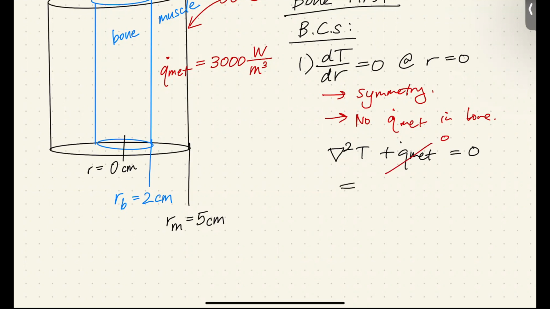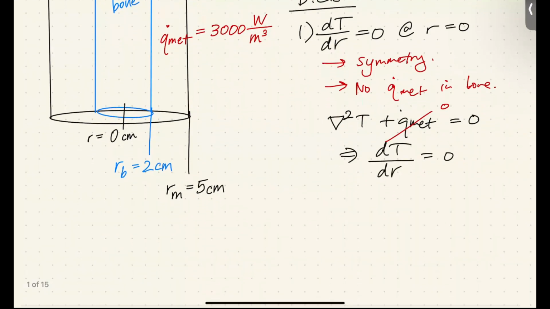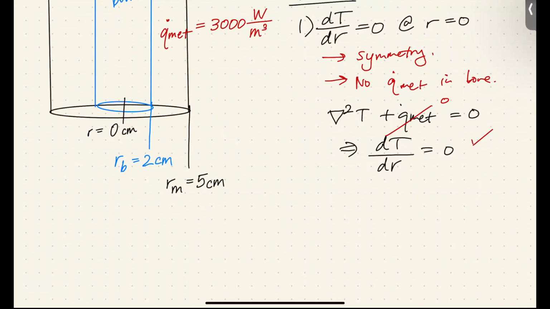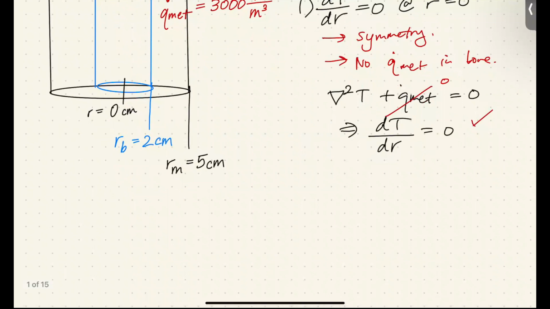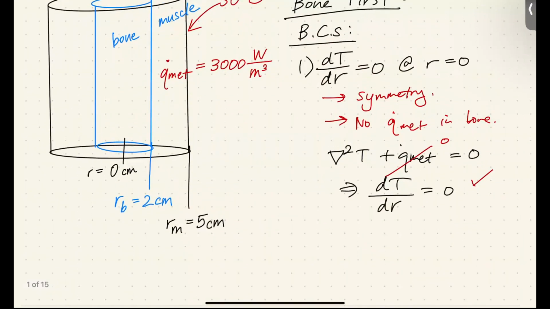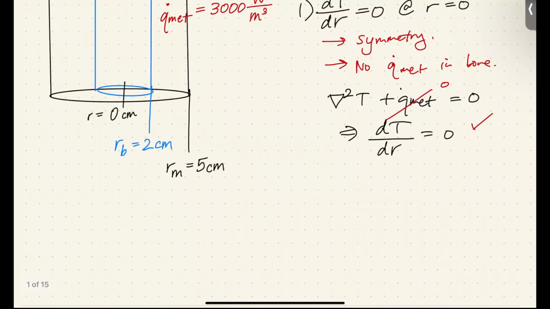And that means if we actually work it out, we'll also see dT/dr equals 0. We're going to look at making sure that's right in another way as well. Great. And that's specifically around the central axis, at r equals 0.